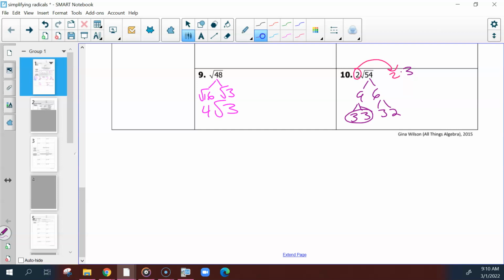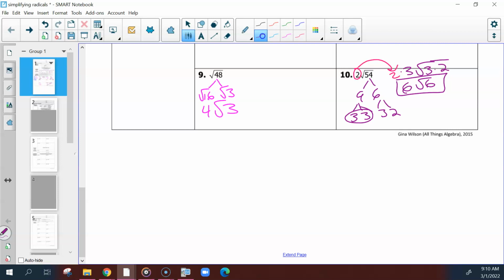Anytime you bring out a number, you're just representing this one group with one number. And then on the inside, 3 times 2. So what would our final answer be? 6 times the square root of 6.